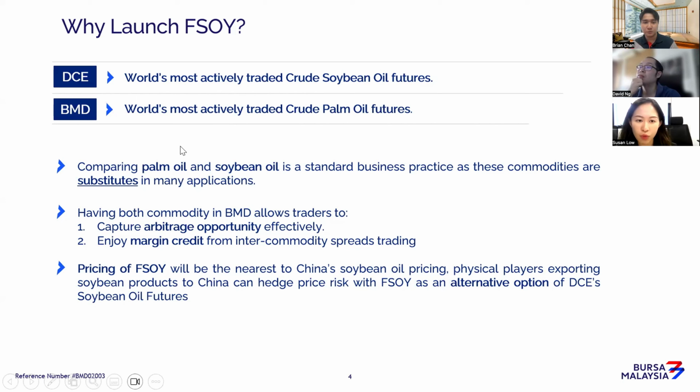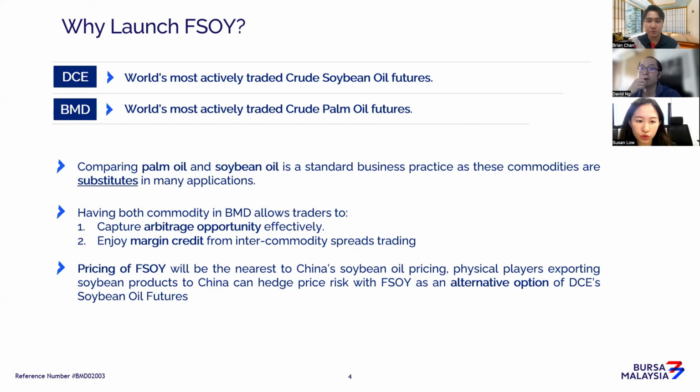And comparing palm oil and soybean oil, as standard business practice, these two commodities are substitutes in many applications. They are both used as cooking oil, and so the prices need to compete with each other as the users are quite similar.